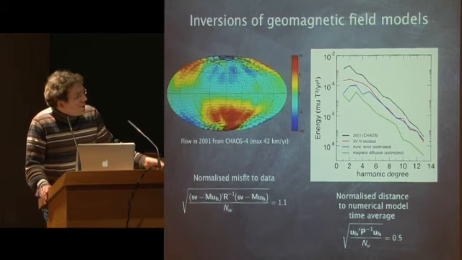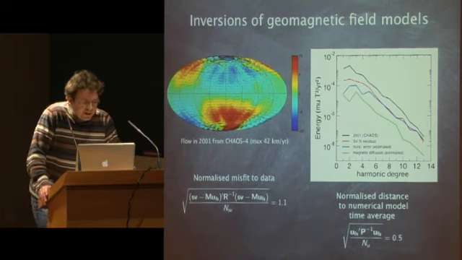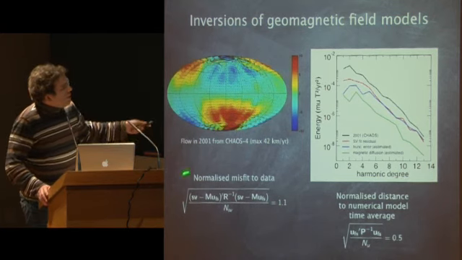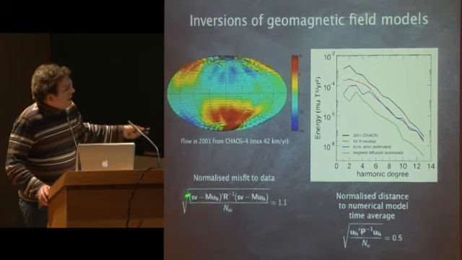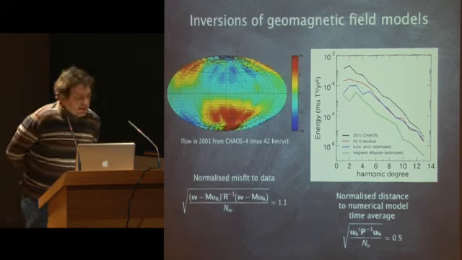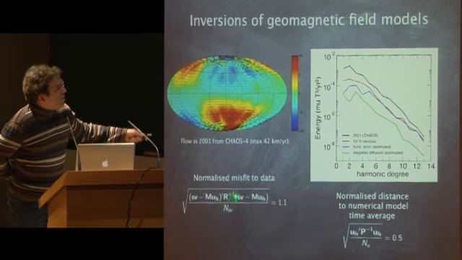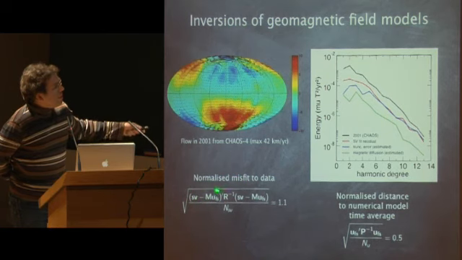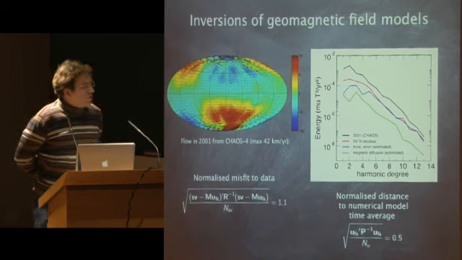So these two quantities are normalized misfit. This one is the misfit to the data, and getting a value of 1 simply means that within the errors that you have specified, you have a good fit to the secular variation by the flow that you have retrieved.